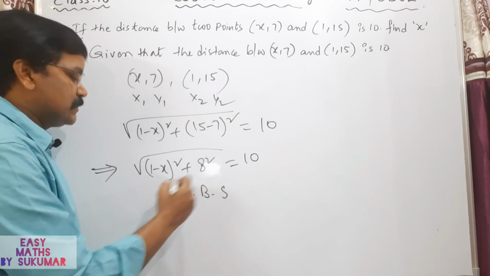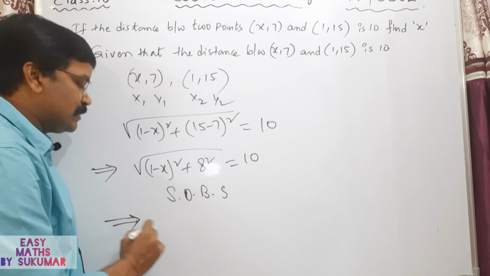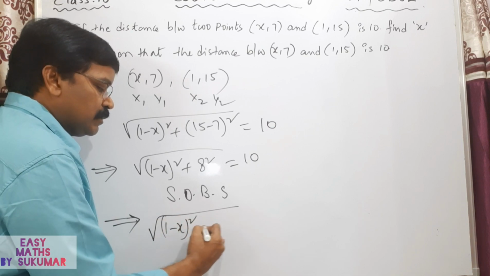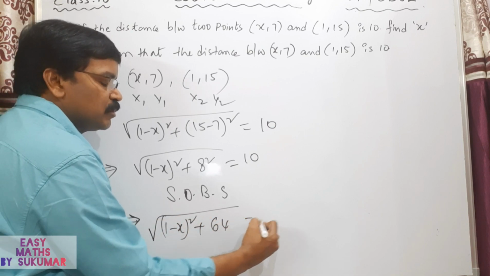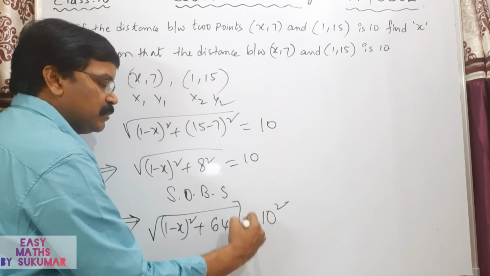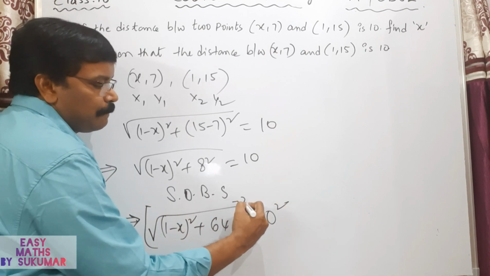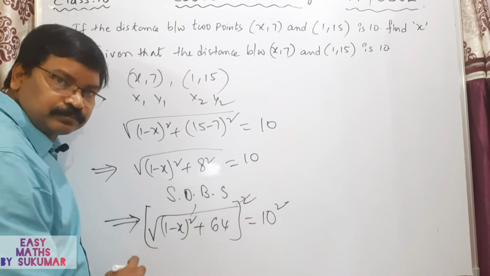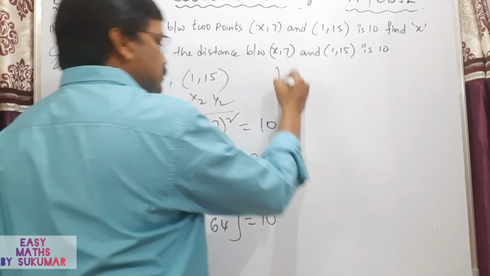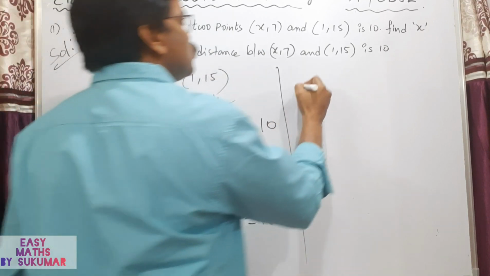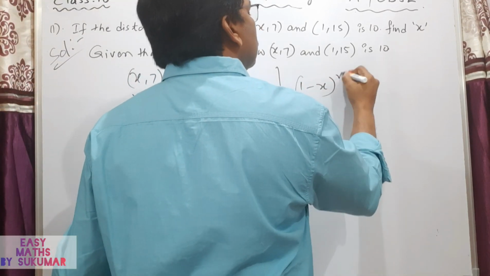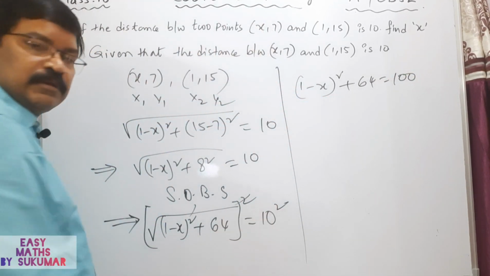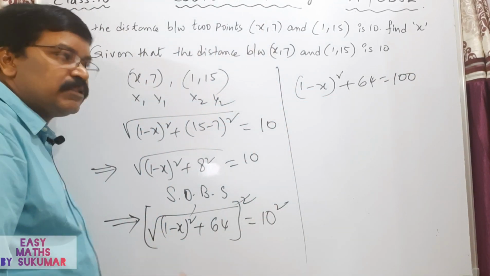So 1 minus x whole square, 8 square is 64, is equal to 10 square. Now the square and root get cancelled. So this is 1 minus x whole square plus 64 is equal to 10 square, which is 10 into 10, that is 100.